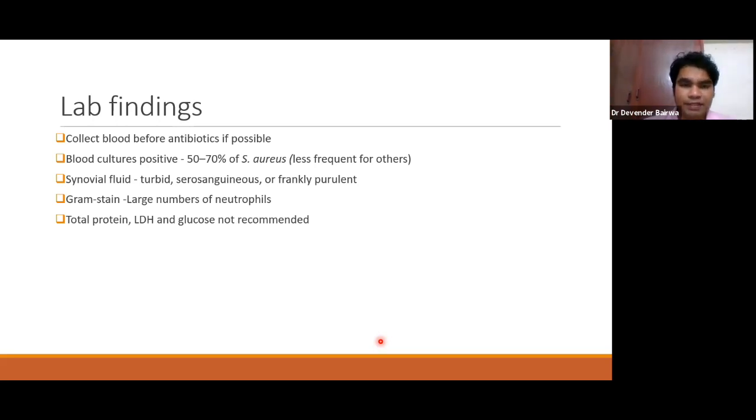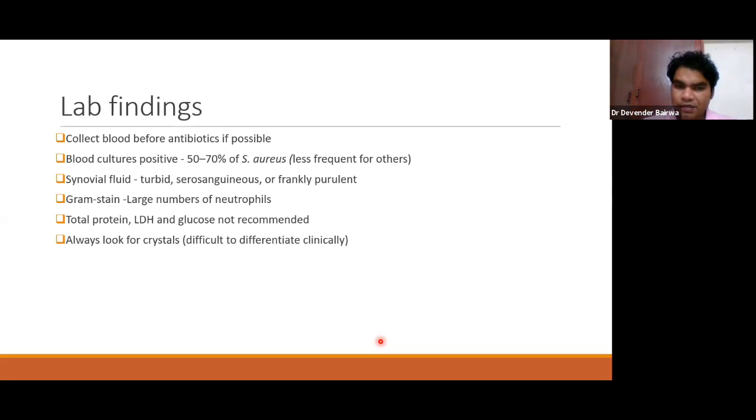As we discussed already, total protein, LDH, and glucose show changes. Protein can be very high, LDH can be very high, glucose can be very low. But because these findings are not standardized in case of synovial fluid, and there are multiple causes of these findings, these tests are not recommended in synovial fluid.